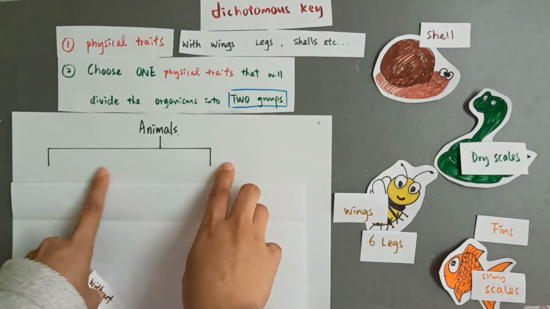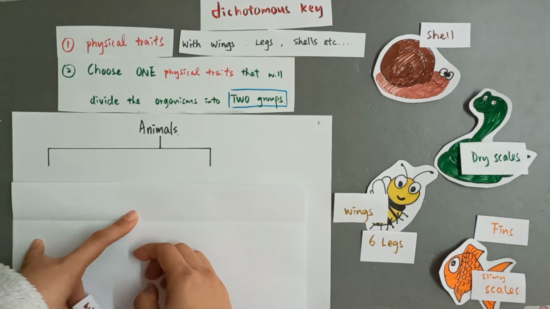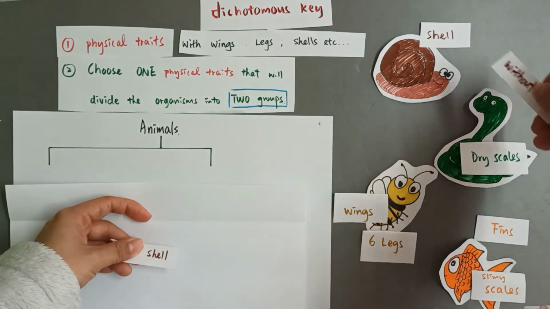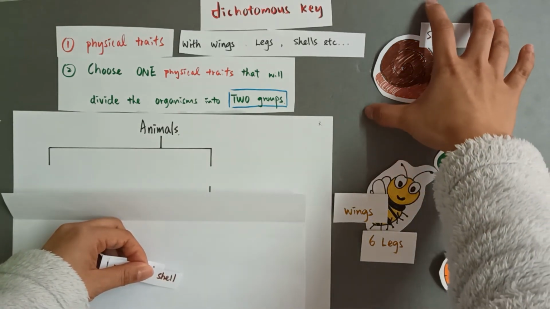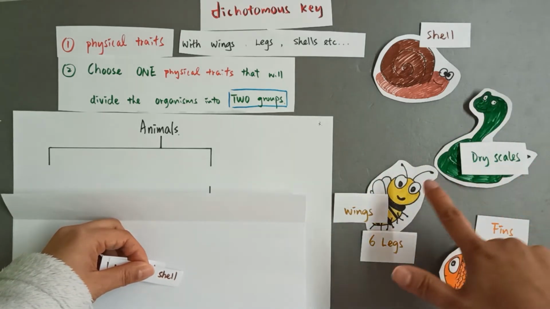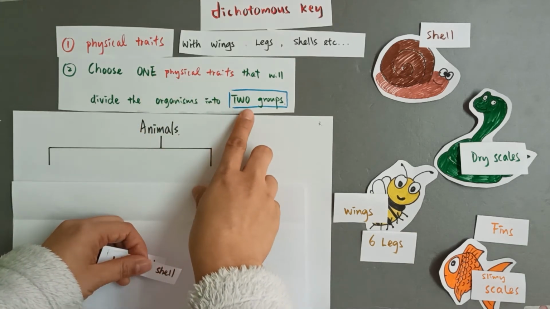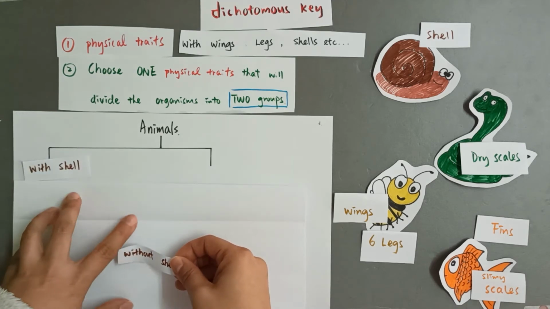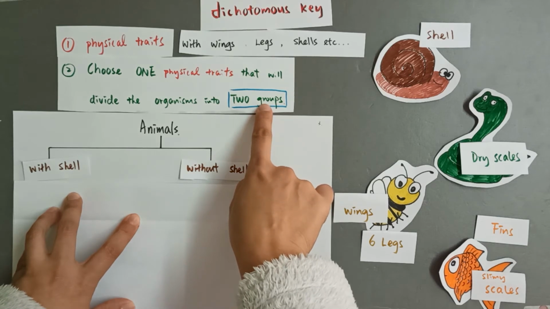The first selected physical trait is the shell. So you can see here there are 2 groups: one group that has a shell, and the second group that doesn't have a shell. That is why one physical trait divides the organisms into 2 groups, with shell and without shell.